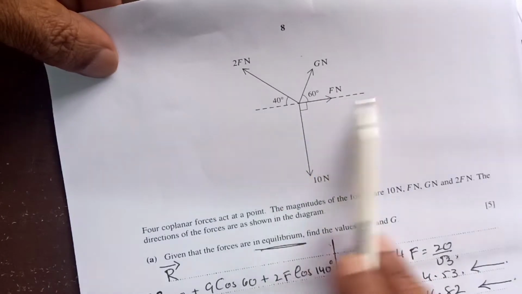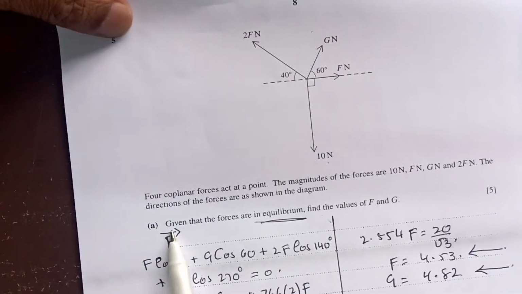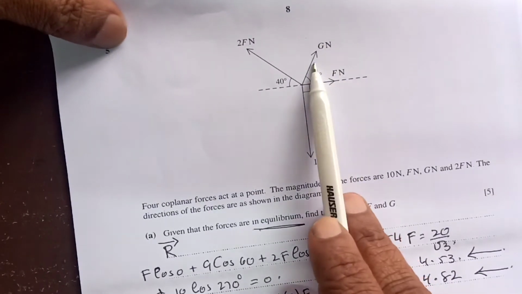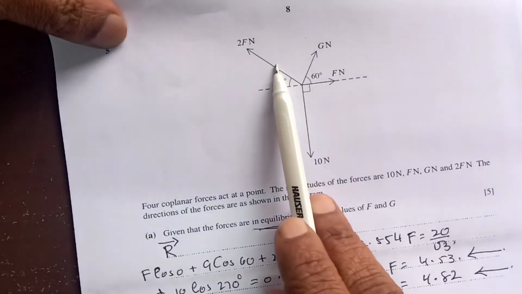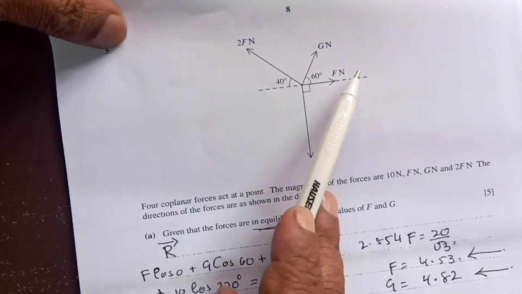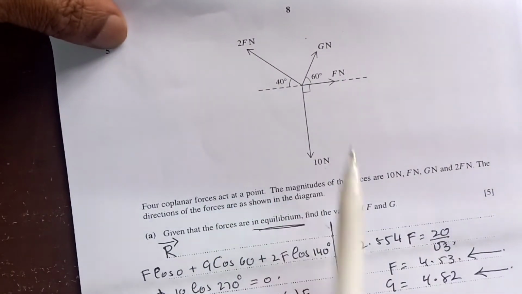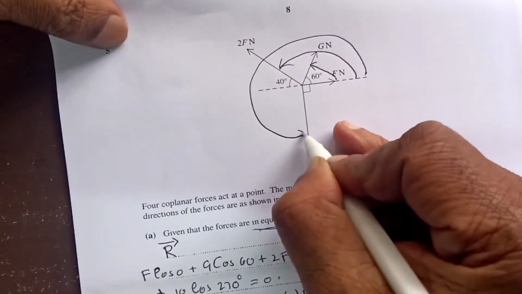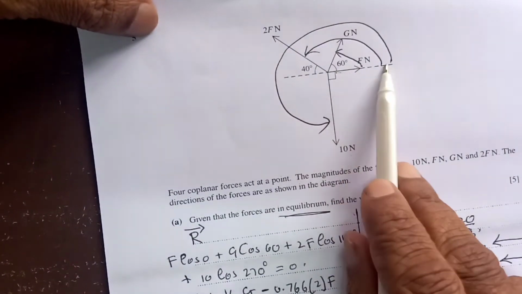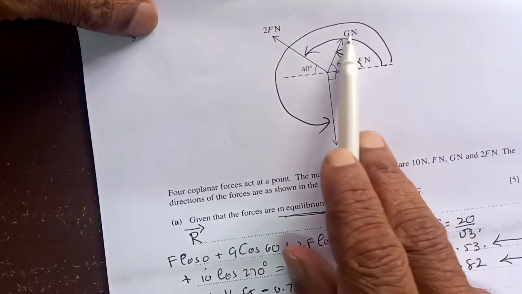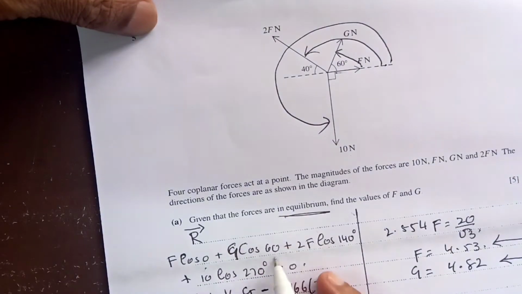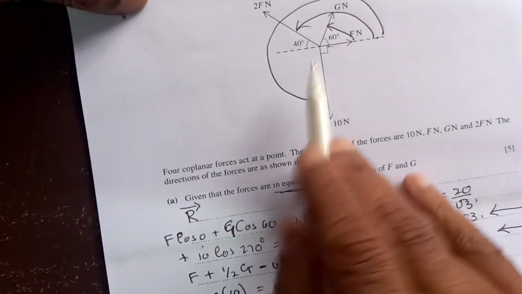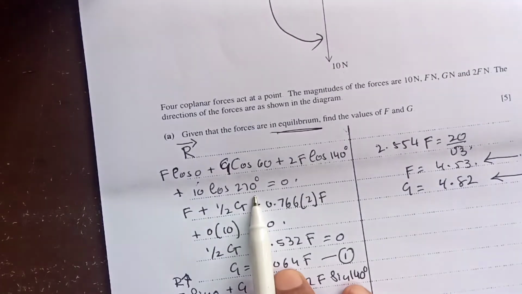So when you resolve horizontally, you take F times cos 0, G times cos 60, 2F times cos 140, and 10 cos 270.